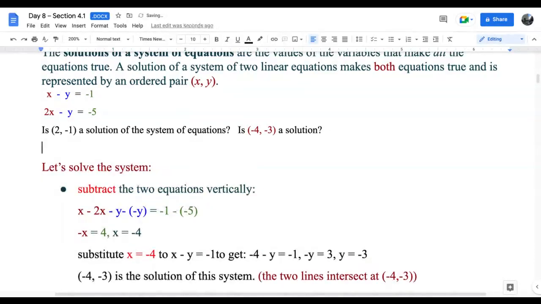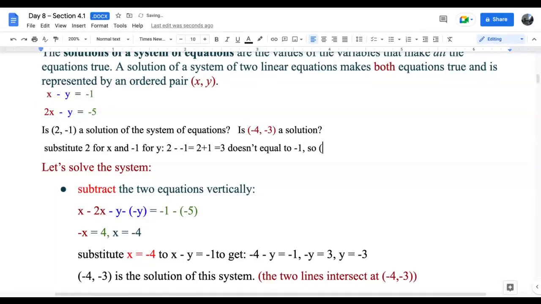Let's do this, right? So we substitute 2 for x and -1 for y. So what do we get? We get 2 minus -1. What is it? It is 2 plus 1 equals 3, and of course that does not equal -1.